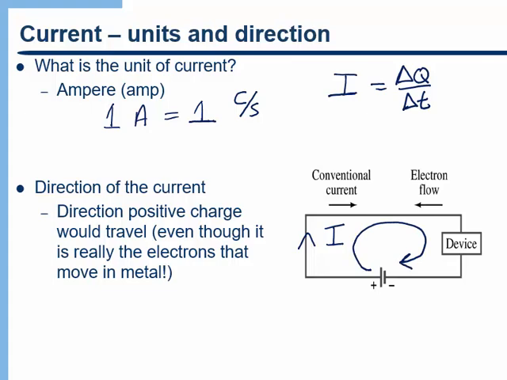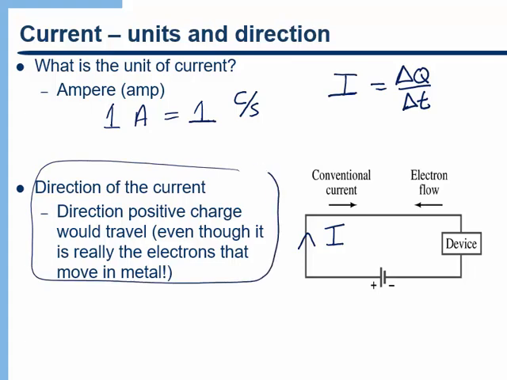And that's how we define current. So even though we now know that it's electrons going the opposite way, it's really completely equivalent to say positive charges go from plus to negative around the circuit. So again, if I ask you about the direction of current, it's always this conventional current definition.